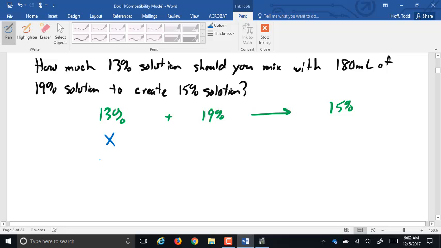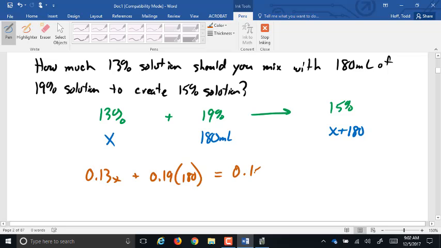How much of the 19% do we have? 180 milliliters. So how much 15% will we have? x plus 180. So our equation here is going to become 0.13x plus 0.19 times 180 equals 0.15 times x plus 180.